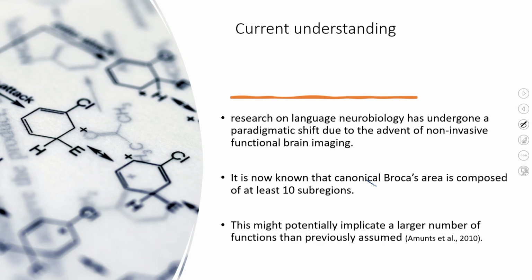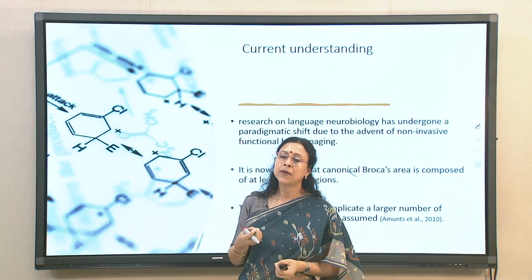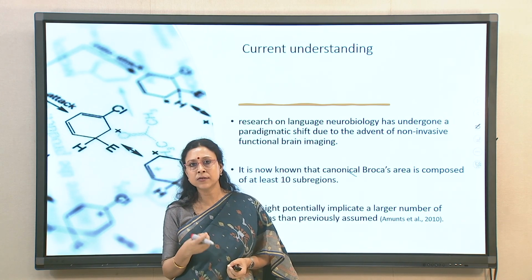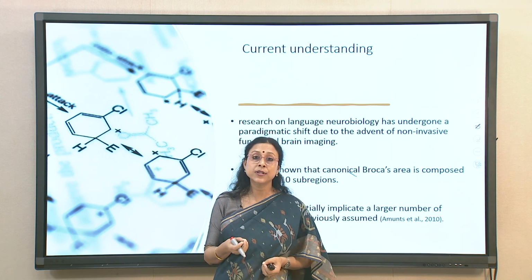As I was telling you a little while back, when you talk about areas, if we say visual cortex, it is a huge area. In terms of the brain, it is a very big area. Even the area that the textbooks referred to as Broca's area, which is responsible for articulation as well as certain grammatical functions, we now know is not one simple homogeneous area.